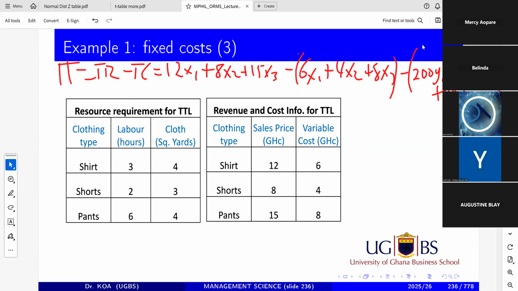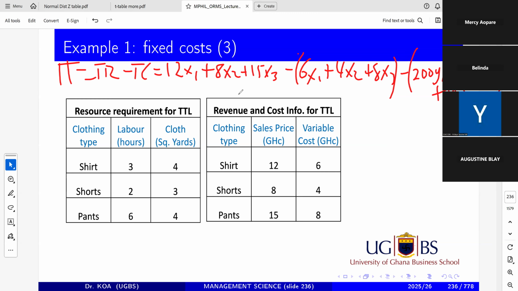Please, I said I don't understand the minus, the minus that came before the 200Y. I thought it's supposed to be plus. It comes from here. It's minus total cost. The total cost itself is two things: the variable cost and then the fixed cost. And all of them are minus.